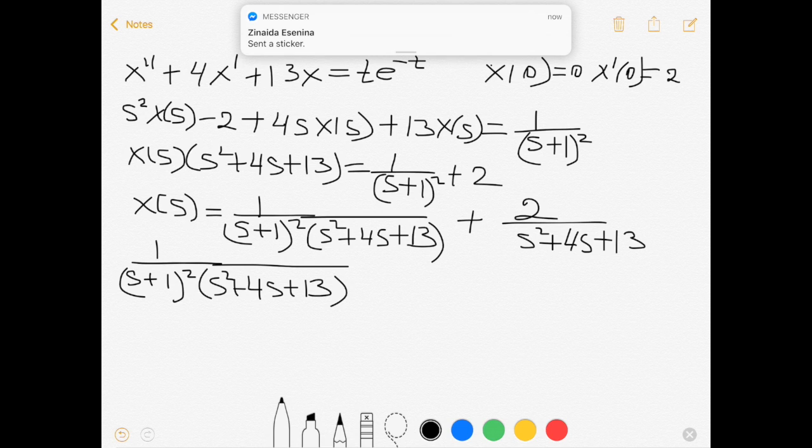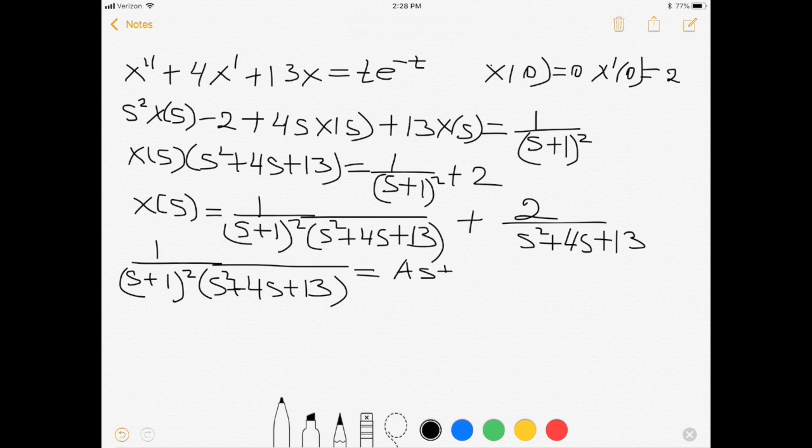Usually we write a combination of 3 fractions: the denominator of the first is s plus 1, the second is (s plus 1) squared, and the third is s squared plus 4s plus 13. Because s squared plus 4s plus 13, as you can see, you cannot factor with real coefficients. But here we're doing it a little bit easier because it takes less time for solving. I will write a combination of 2 fractions.